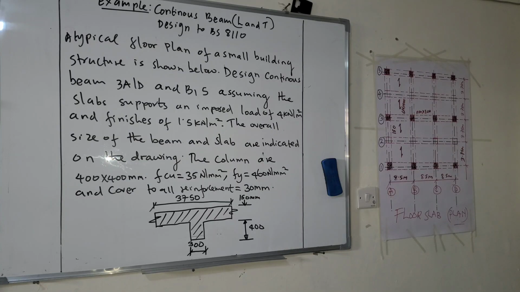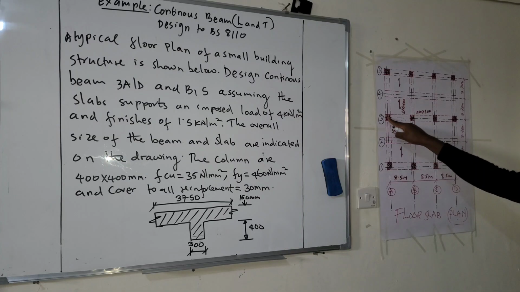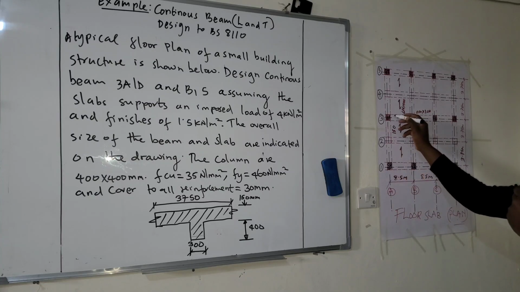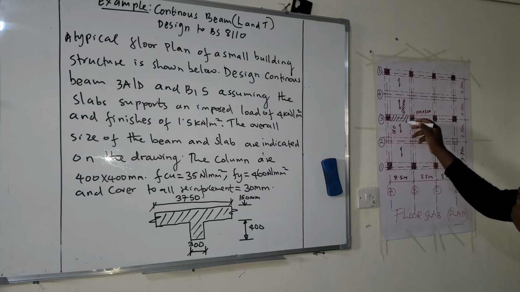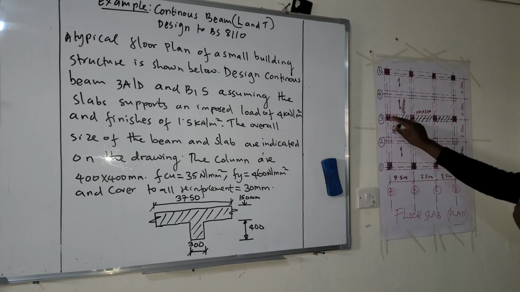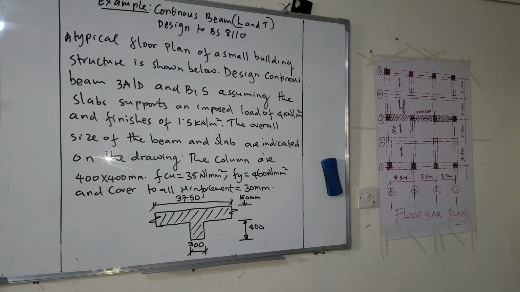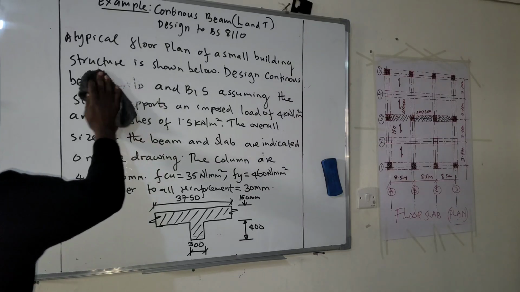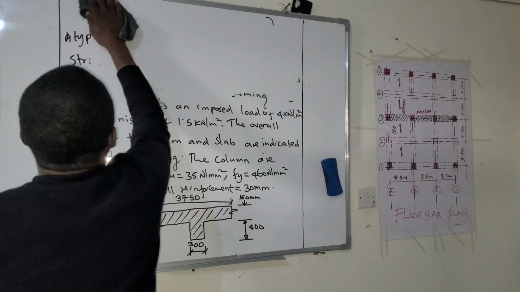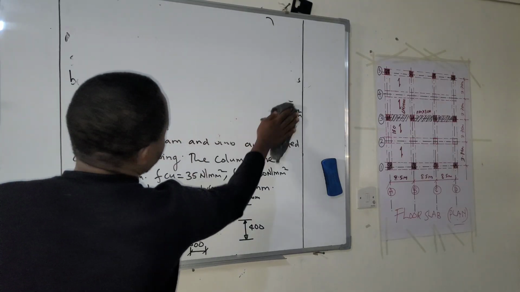So this is 3, and then A. So it is this beam. So let's continue. Also, I want to clean here so that you can get more space for more calculation.